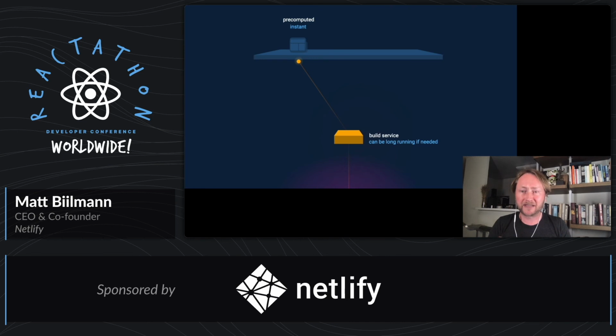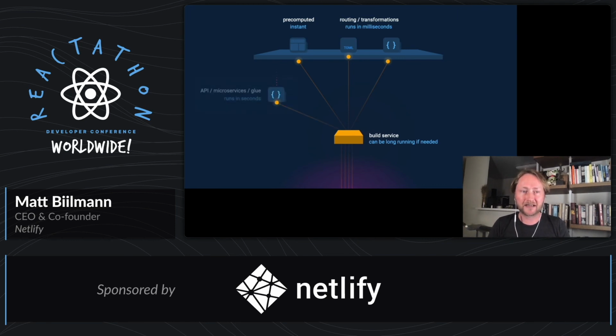These will be delivered to the end user almost instantly, and it's always the fastest, the most secure, the simplest to reason about that you can do. Then we have this layer of routing and transformations that split between our declarative route engine in TOML files or underscore redirects, and then edge handlers where you can fully program the edge layer.